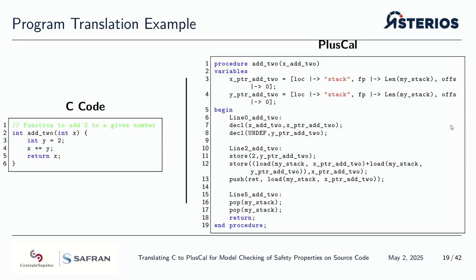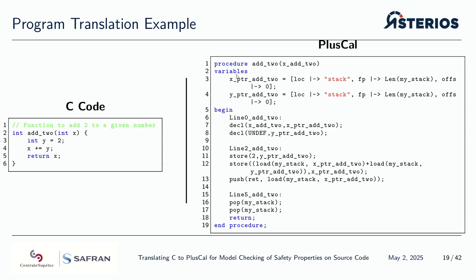So if I take a whole example of a little C function translated to PlusCal by our tool, this is how it looks. We have here a little C function that adds 2 to an integer x that is passed as an argument. Here we translate this function with a procedure, as I said before, that also has the x argument.